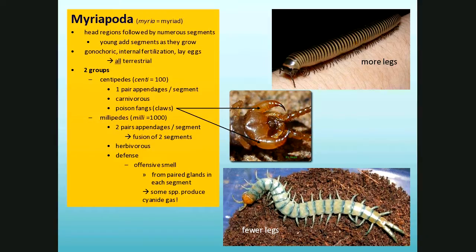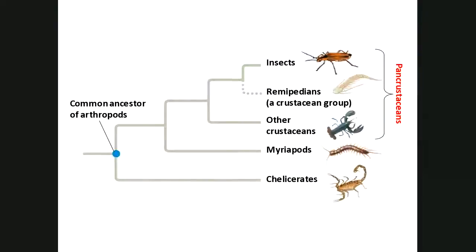But the way these millipedes deal with it is they have this offensive smell that comes from paired glands in each segment that hopefully dissuades the predator. Some species actually produce cyanide gas, which is obviously pretty nasty stuff. So these are interesting adaptations of animals in order to get their normal predator not to eat them.